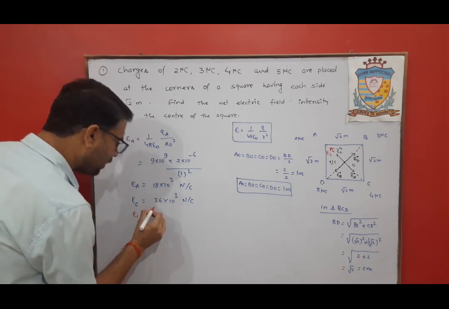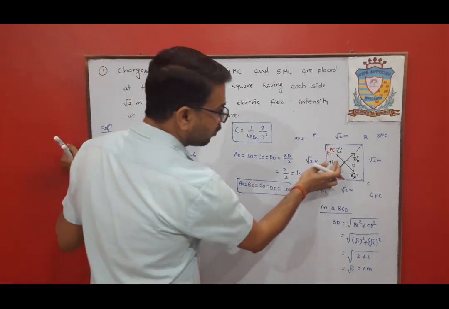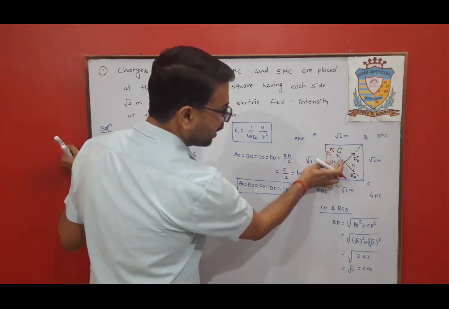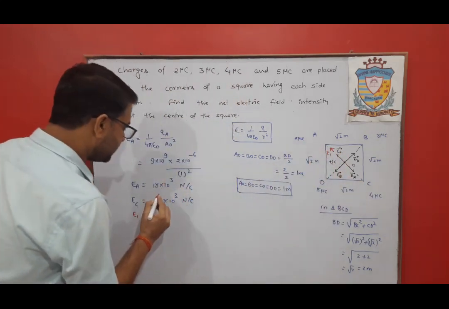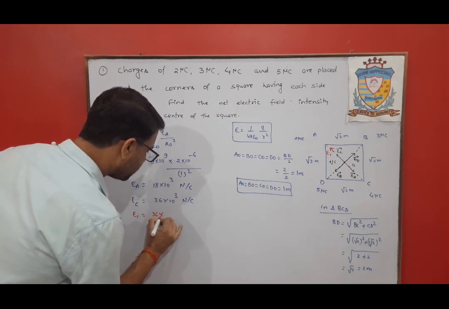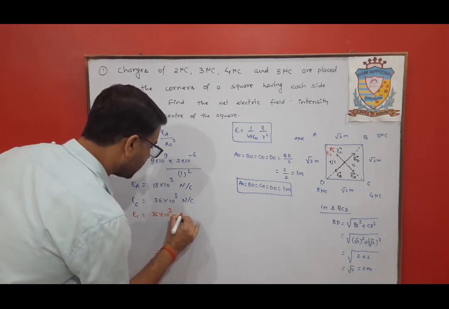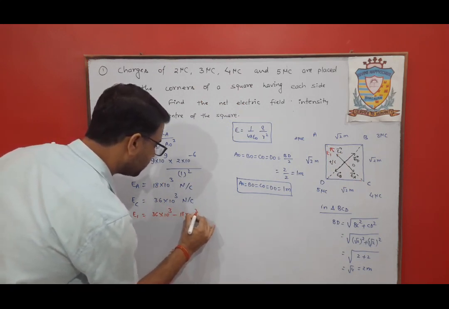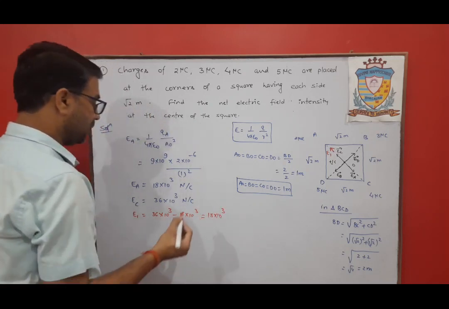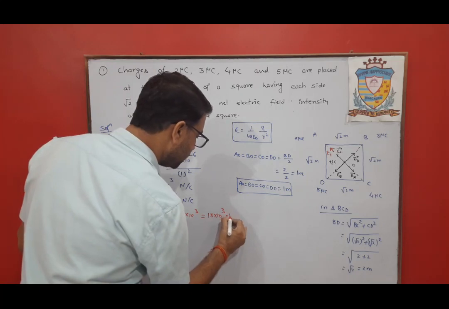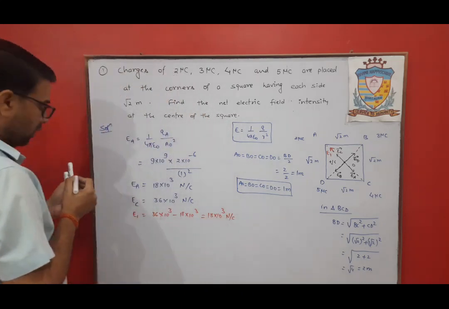We'll take this direction as positive and this direction as negative. So E1 equals EC minus EA, that means 36 into 10 to the power 3 minus 18 into 10 to the power 3, which is equal to 18 into 10 to the power 3 Newton per coulomb.